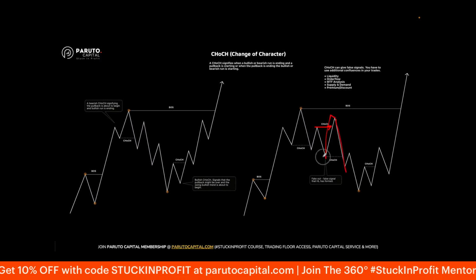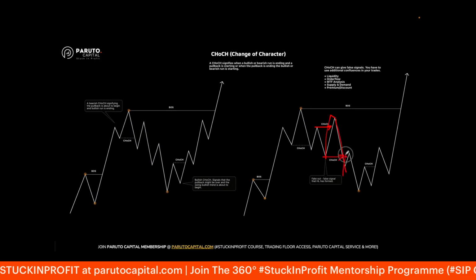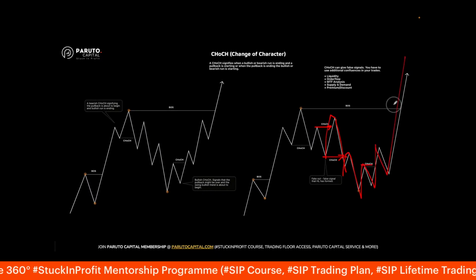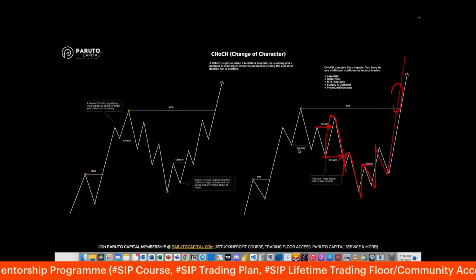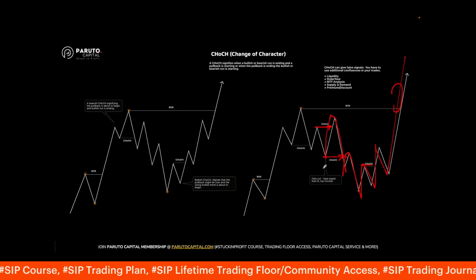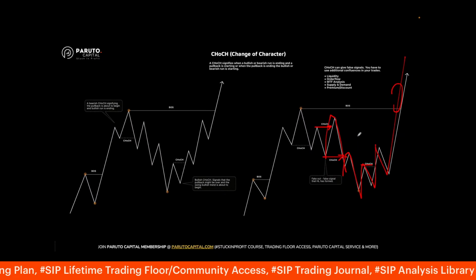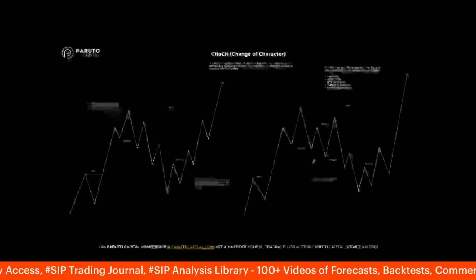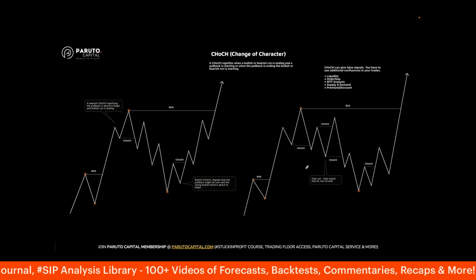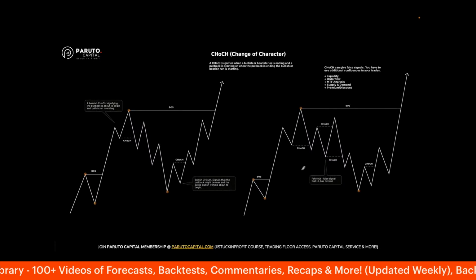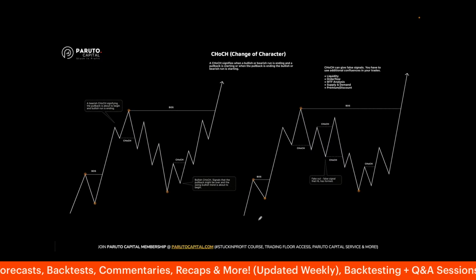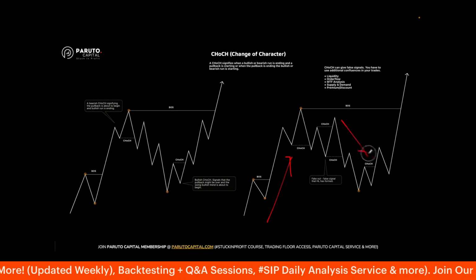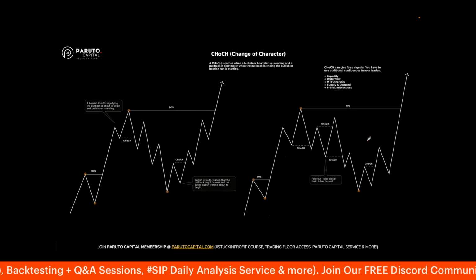It pulls down and changes character again, then pulls back up, changes character here, and then it breaks the structure. So there are times when the market is going to give false signals and fake out, and those are things you should be aware of, because they happen in the market. But generally, we have an expectation that if the market is trending upwards, it will continue to trend upwards, and if it is trending downwards, it will continue to trend downwards.